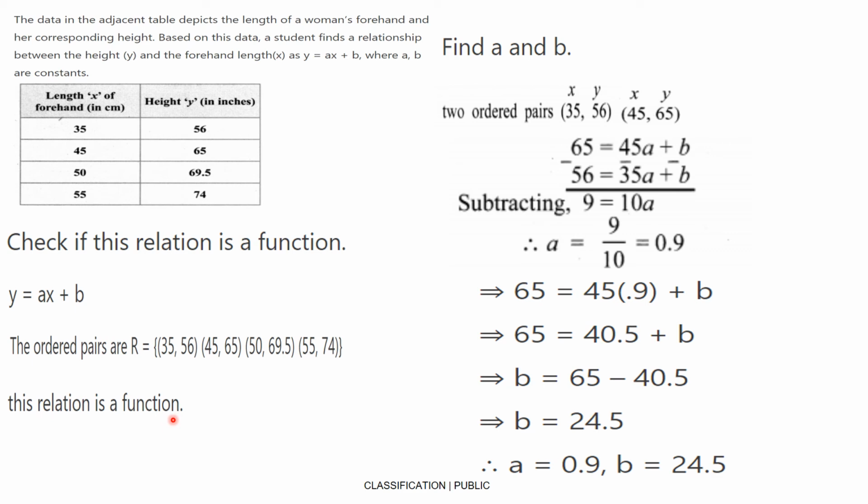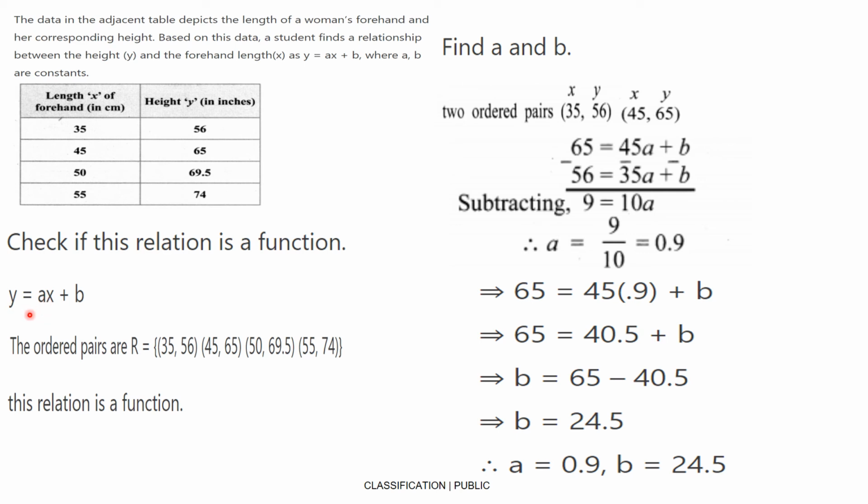Okay. Next question. Find a and b. What is a and b here? Question is given. So we take any two ordered pairs, 35, 56 and 45, 65. So you substitute that value. Here 65 equals 45a plus b.